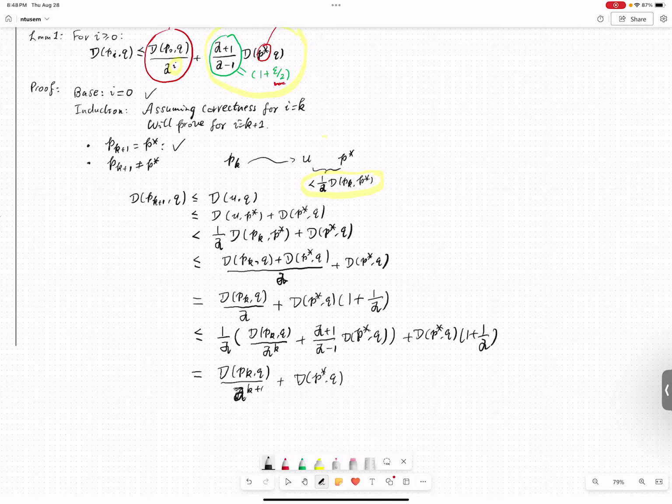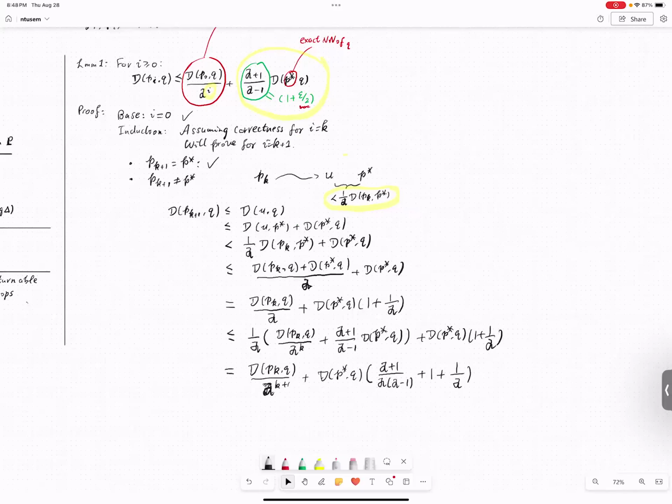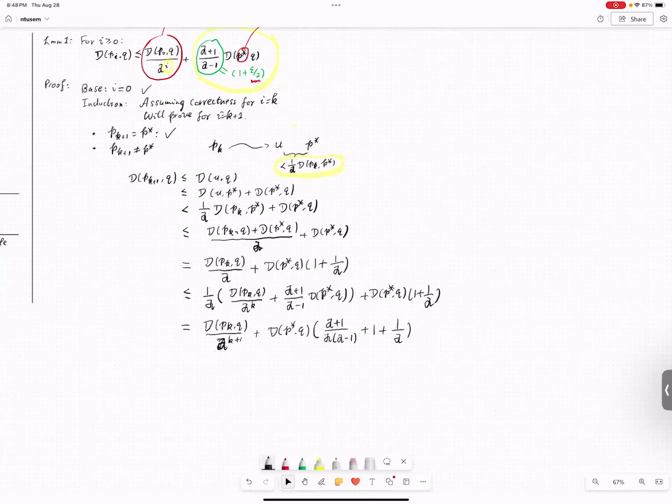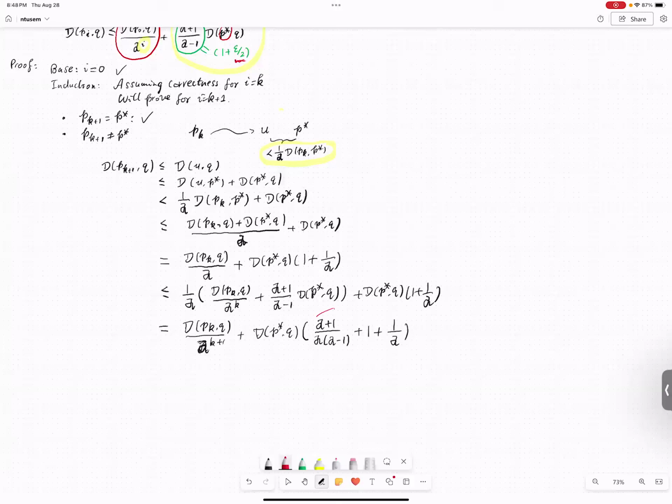So let's be patient and write them out correctly. This is alpha times (alpha minus 1), and then plus 1, and then 1 over alpha. Pretty long, right? Well, guess what? We're in luck. If you simplify this term here, it turns out to be something we like to see.